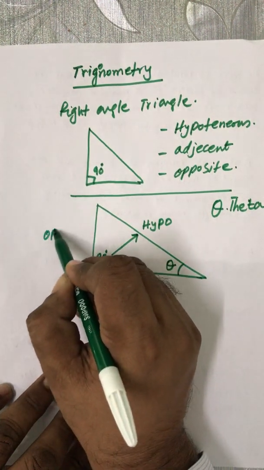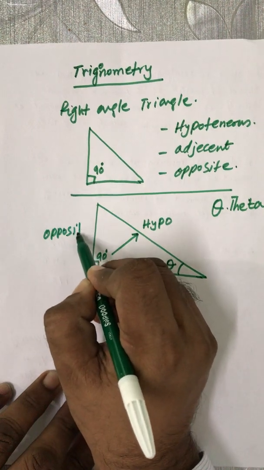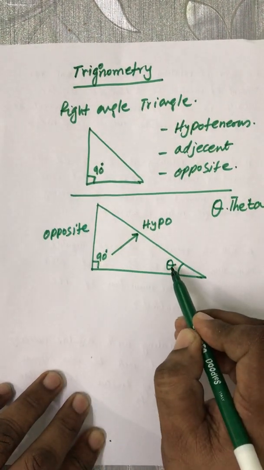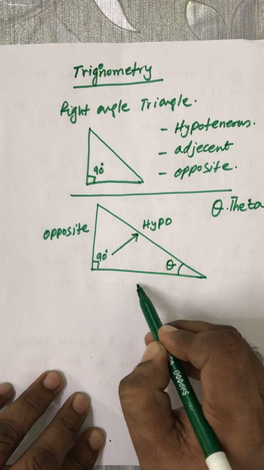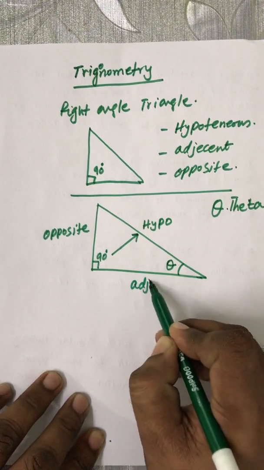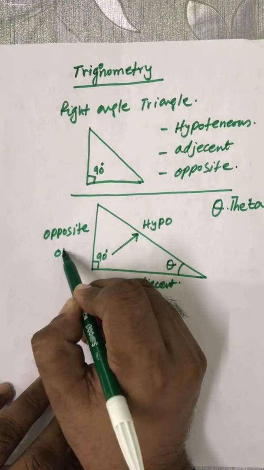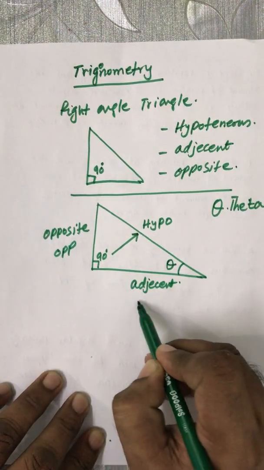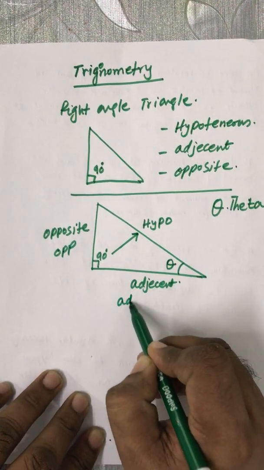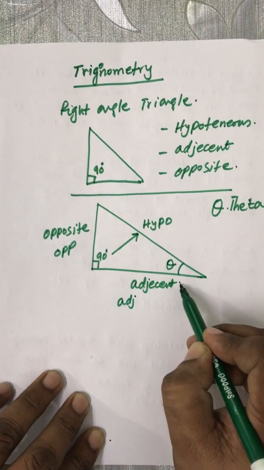It's very simple. And the side which is adjacent to the angle is called adjacent. Sometimes we just write OPP for opposite, and in short form we write ADJ for adjacent.